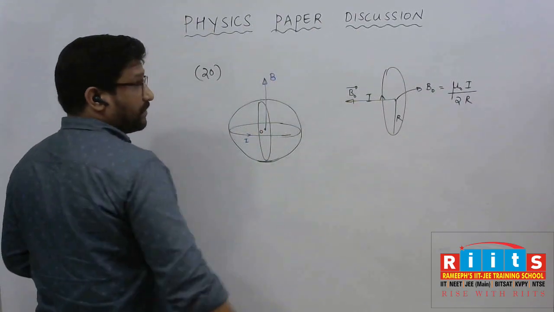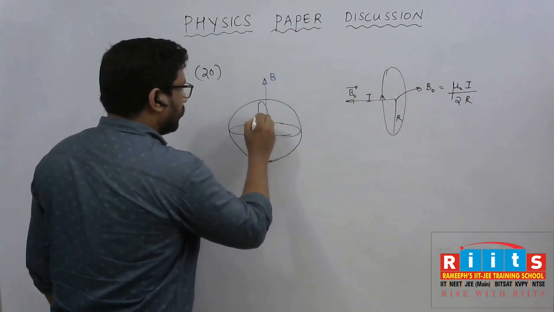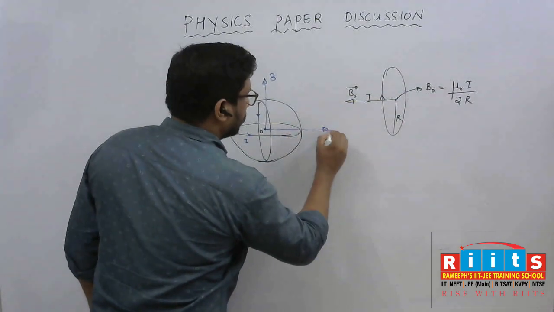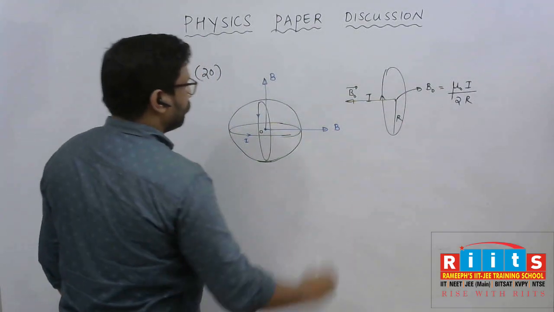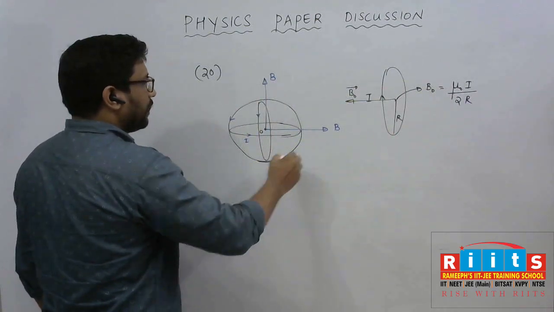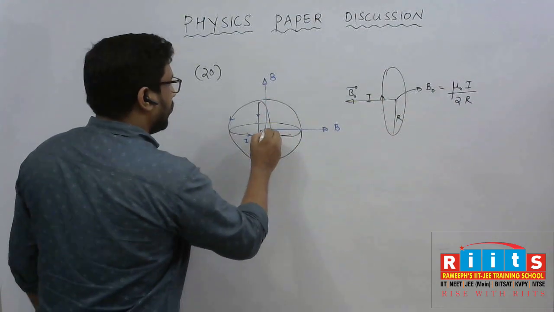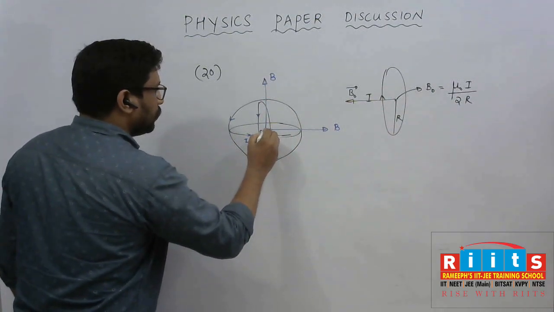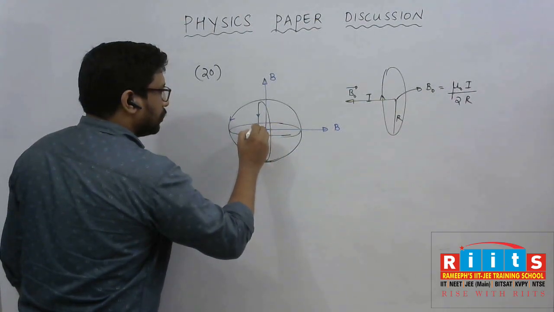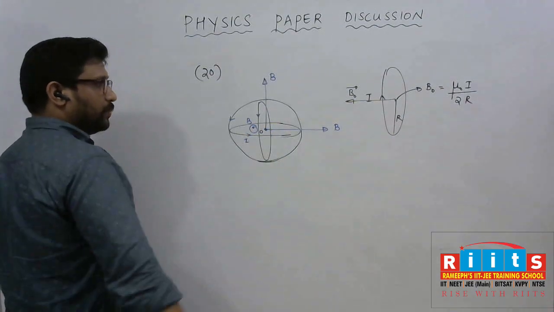Let its value be B. Because of the current in this coil, the magnetic field is again B, in the X direction. Because of the current in the coil which is in the plane of the board, the magnetic field is outward, actually perpendicular to you. You can show it with a dot. Clear, the magnetic field is towards you.